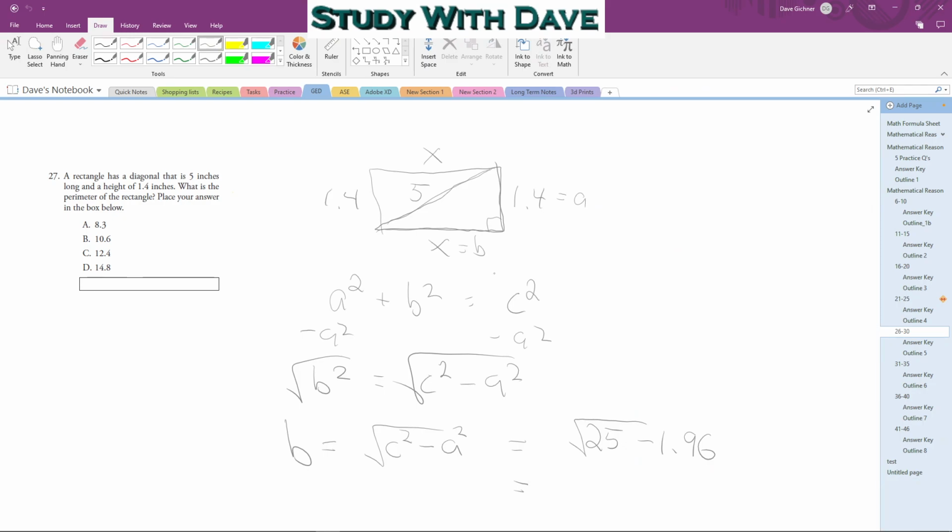So it'll be 2 times 4.8 plus 2 times 1.4 on the perimeter.